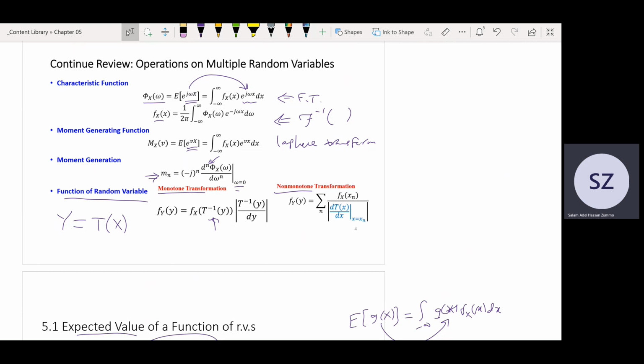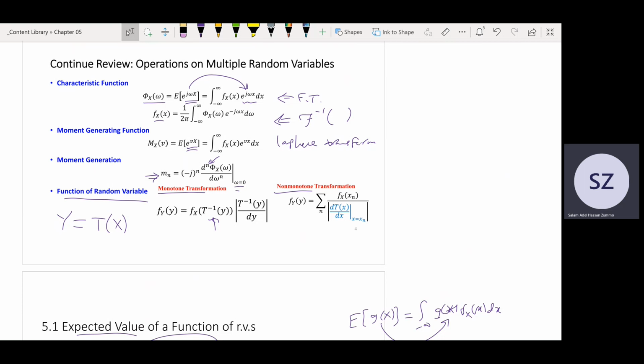In the non-monotonic, you do the same thing, however, you repeat for all the zeros of this transformation. Zero means when you set t of x equal 0, you find all the x's that basically make this 0. Now, this is if we have y a function of x.